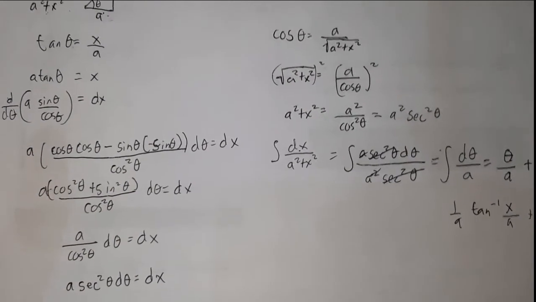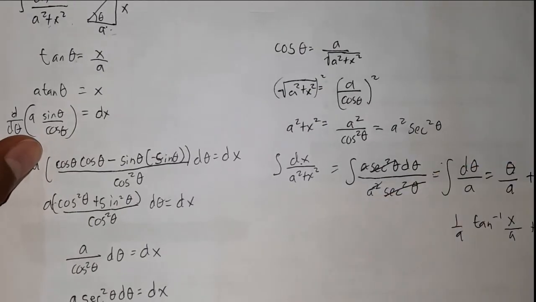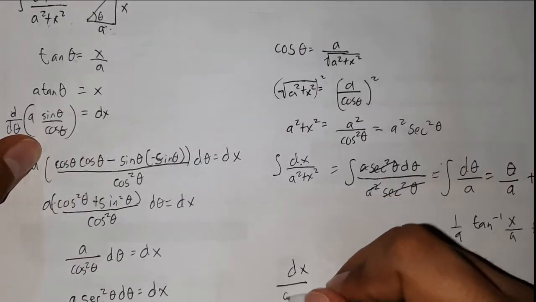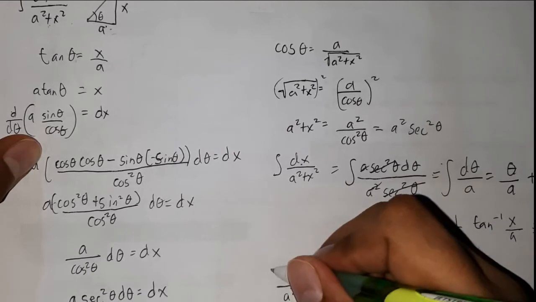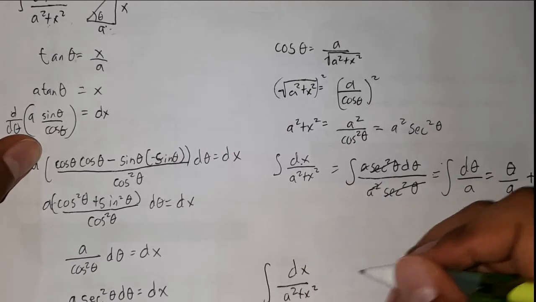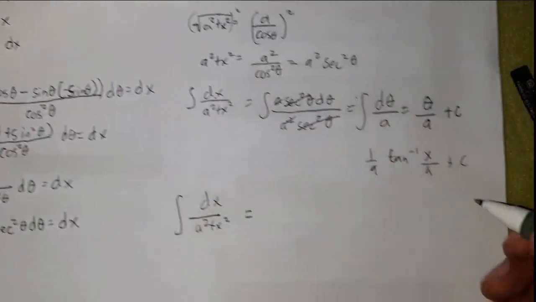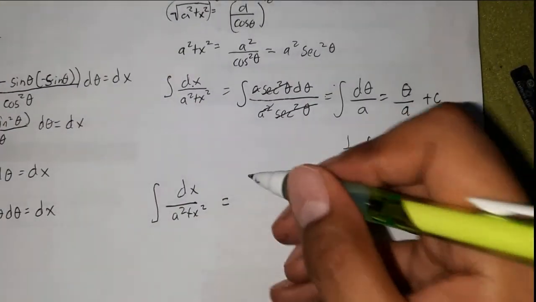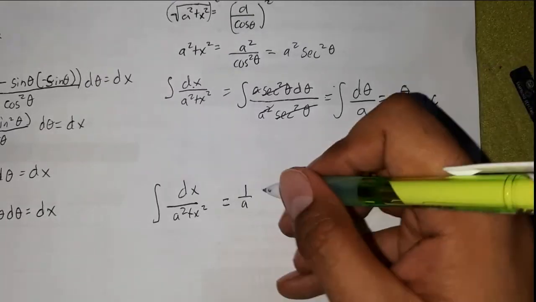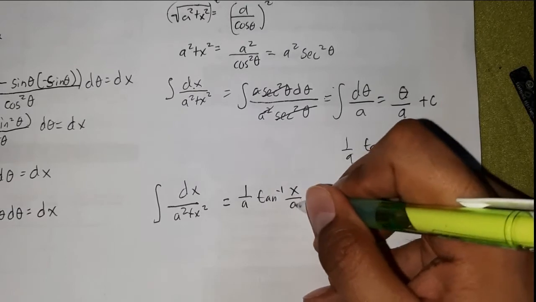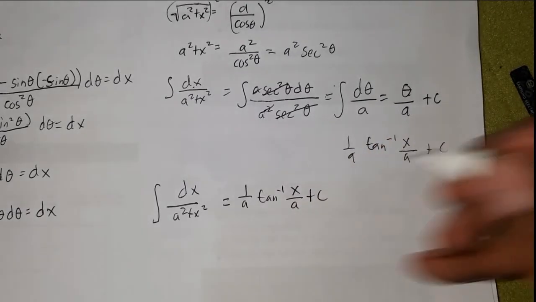Okay, so bali yung mga nakuha nating sagot ay ito, dx a squared plus x squared. Yan. So, ito yung isa, 1 over a tangent inverse of x over a plus C.